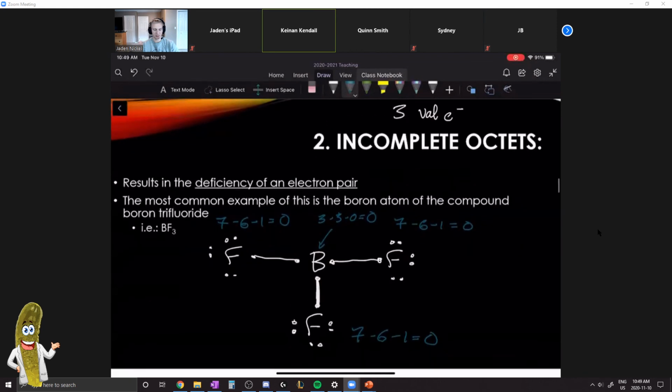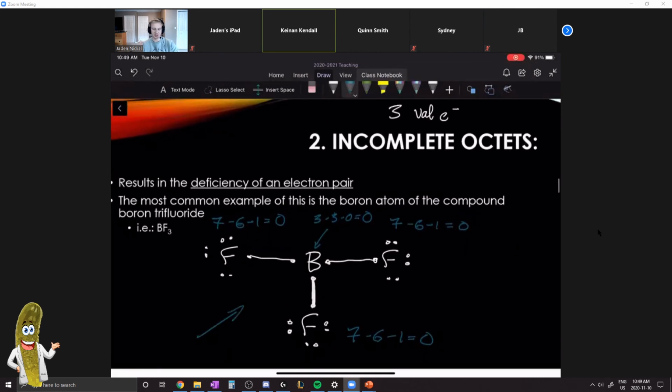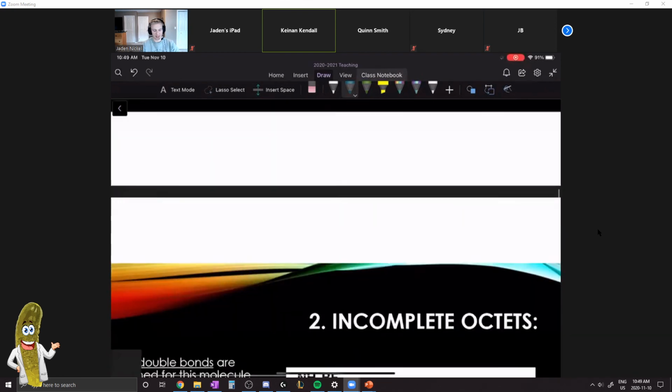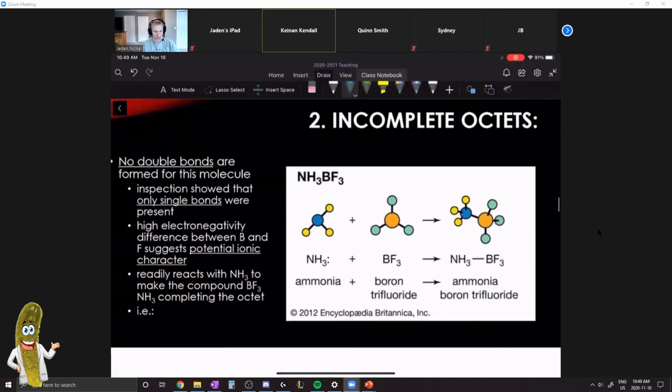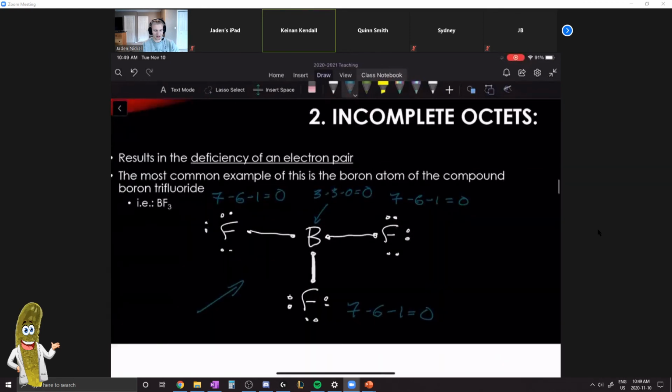This will be the most common example that you see. I might replace fluoride with chloride or iodide, other things that have 7 valence electrons, but they'd all look exactly like this. So 7 is the valence number, 6 is the number of dots, 1 is the number of bonds.